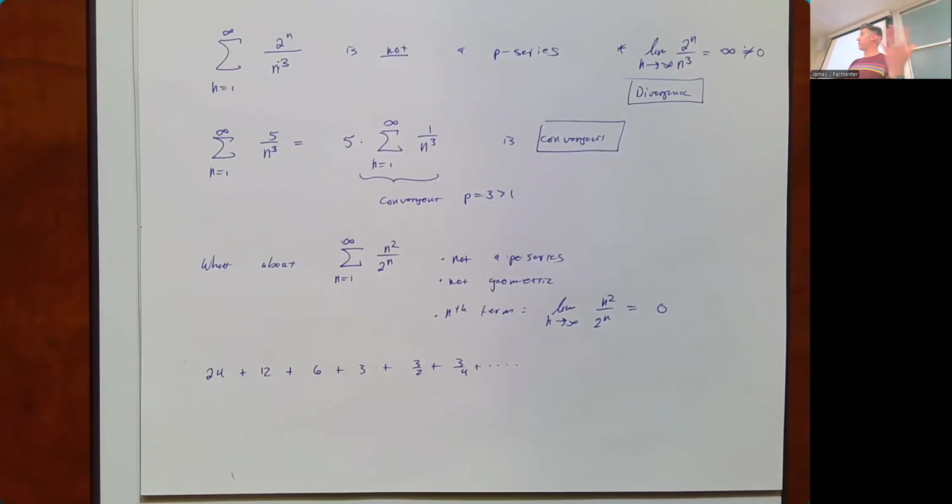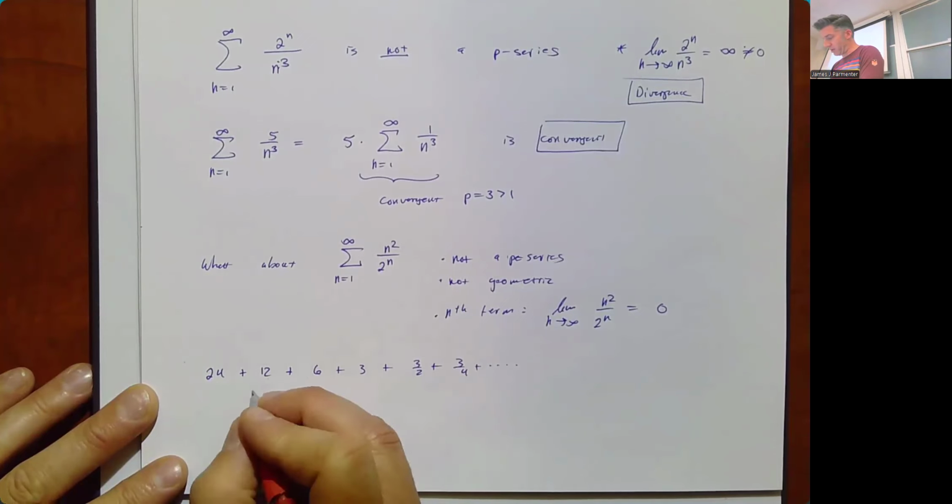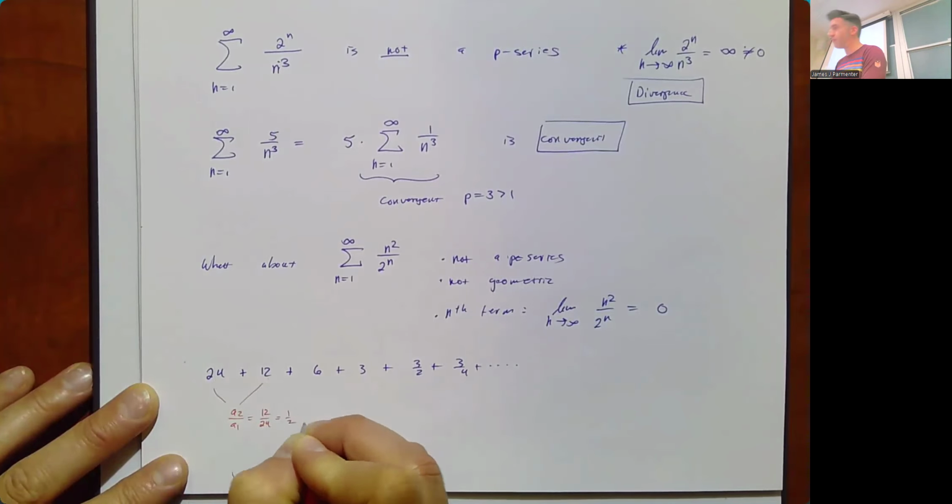So here's the way we can always find the ratio. If it's geometric, which maybe it's not, maybe I wrote something that's not actually geometric, but if it is geometric, we can always find the ratio by dividing a term by the previous term. So if we take the second term divided by the first term, we get 12 over 24, which reduces to 1/2.